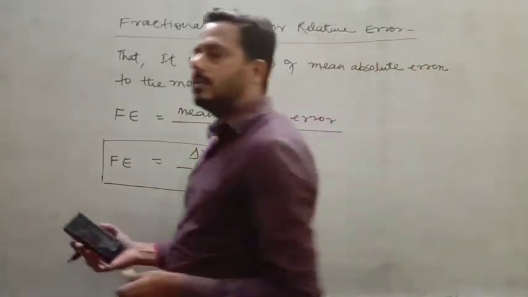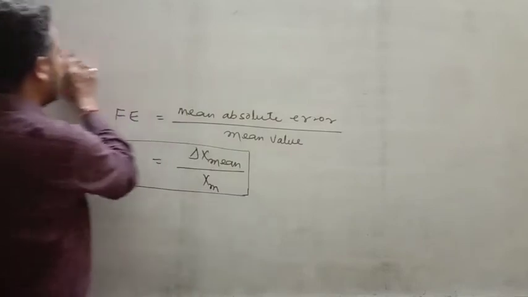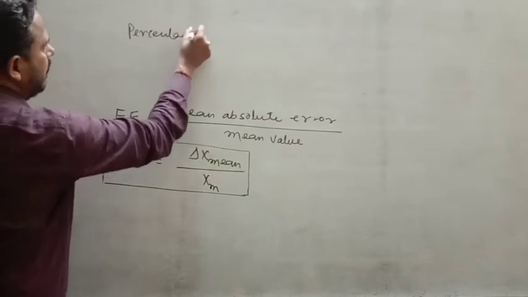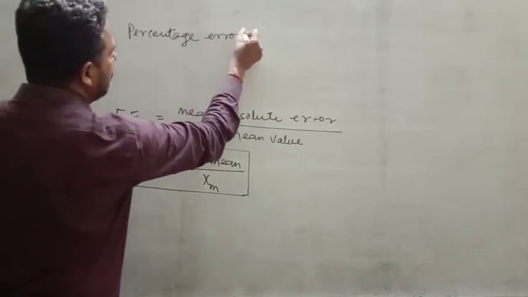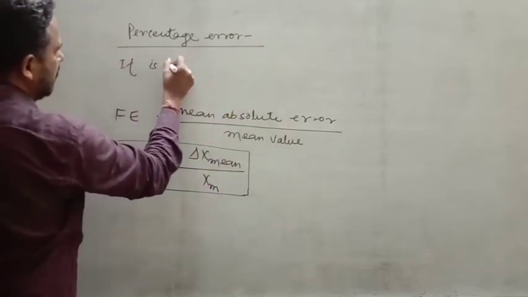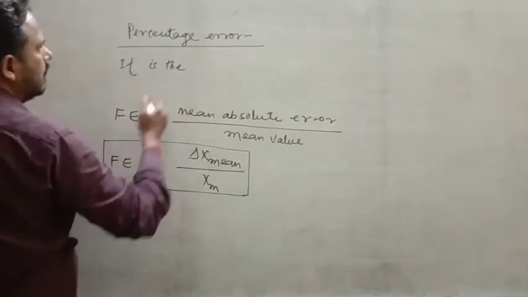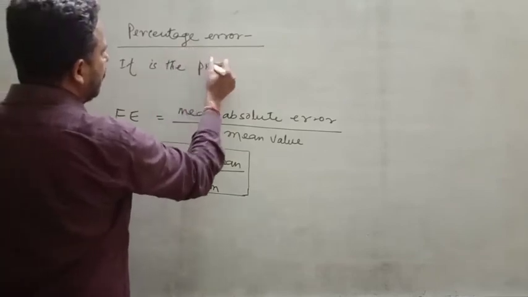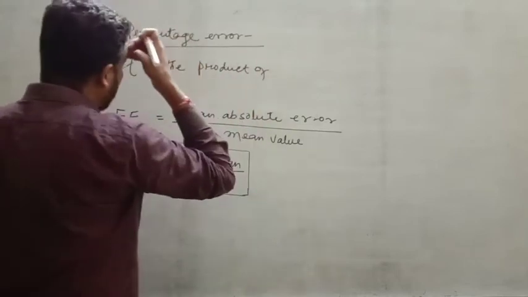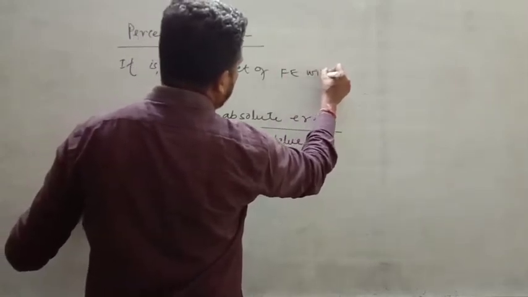Percentage error is very simple: it is the product of fractional error with 100.